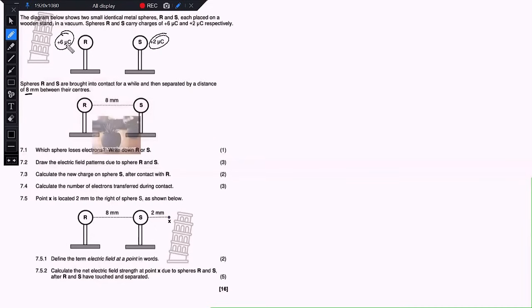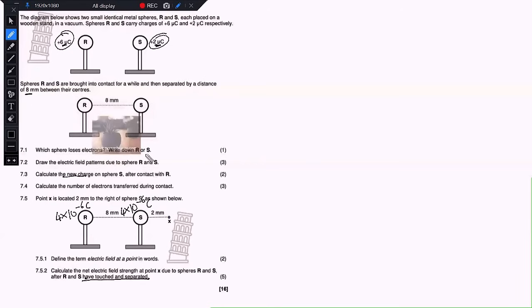You'll find learners still applying these charges, but here they clearly state that after they have touched and separated. So that means for R now, you have to use the new charge that you calculated, which is 4 times 10 to the exponent of negative 6 coulombs. And also for S, that same new charge, because remember, they now have the same magnitude of charge. So you no longer use the 6 and the 2.